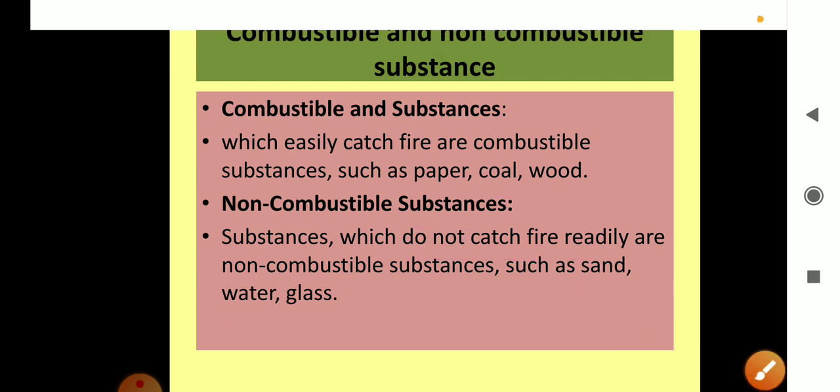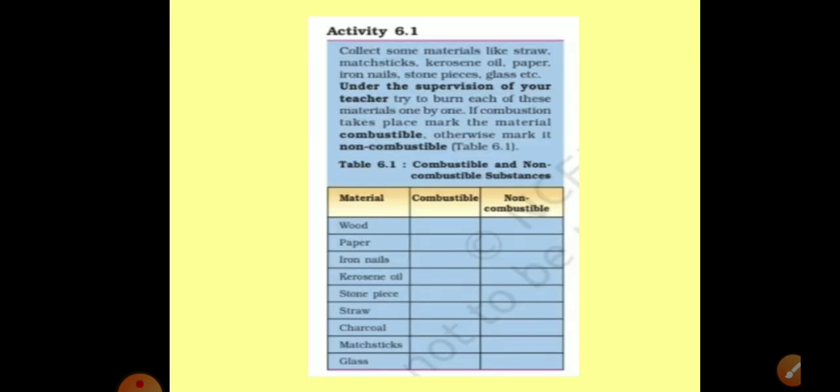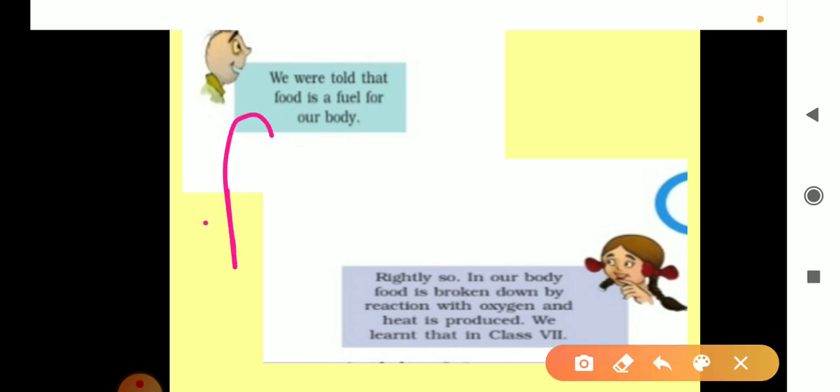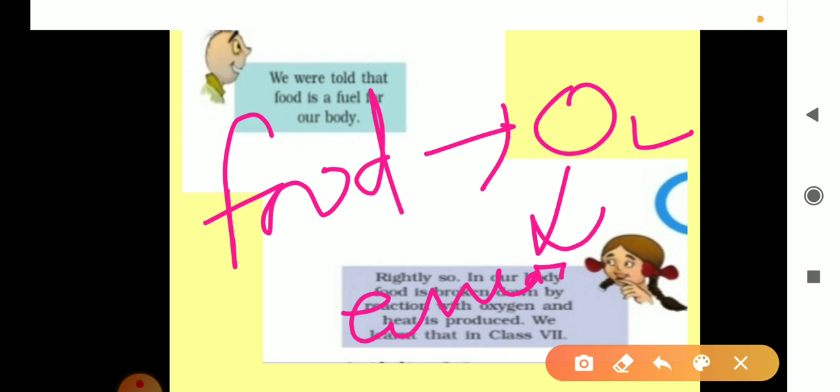Okay. Now, we were told that food is a fuel for our body. Yes, this is a correct statement. Food is a fuel of our body because this food is taken into our body. Then this food reacts with oxygen and produces the energy which is utilized to perform many functions in our body.